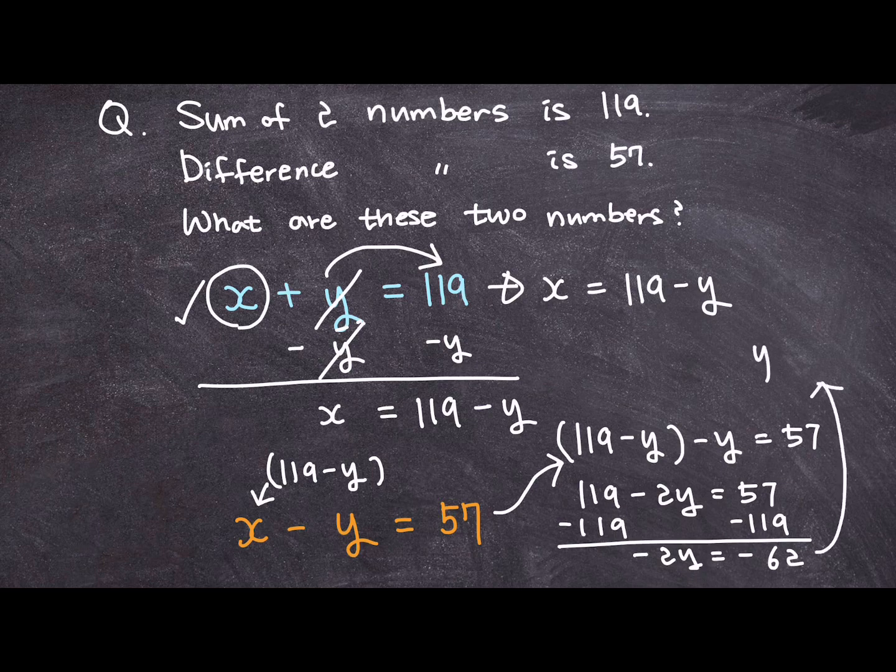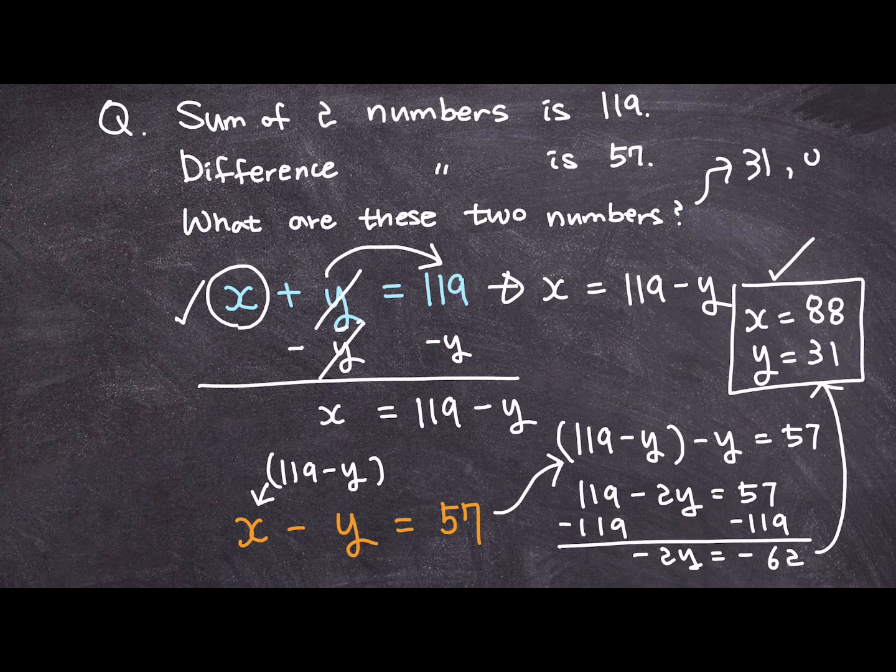So I get the value of y as 31, and if I plug this back into the original equation of x plus y is equal to 119, I'll get the value of x as 88. So I get the final answer as 31 and 88, which is the same answer I got from using the elimination method.